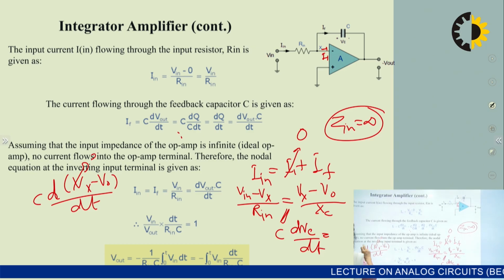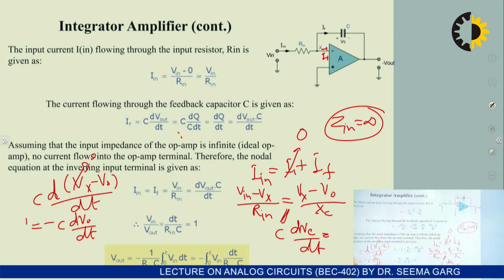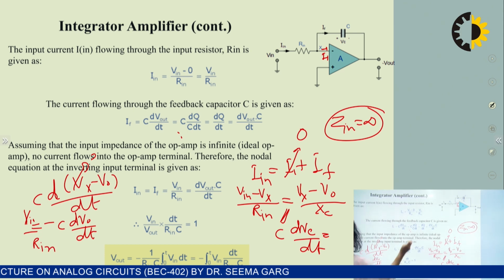Vx is 0, so here you can write minus C dV naught by dt, and that is equal to V input divided by R input.